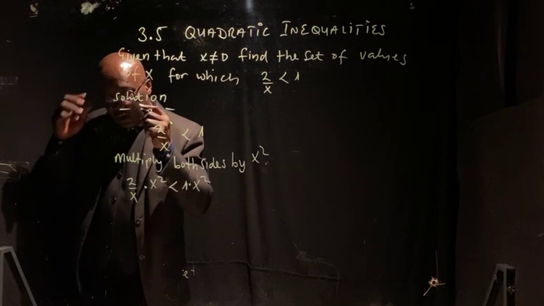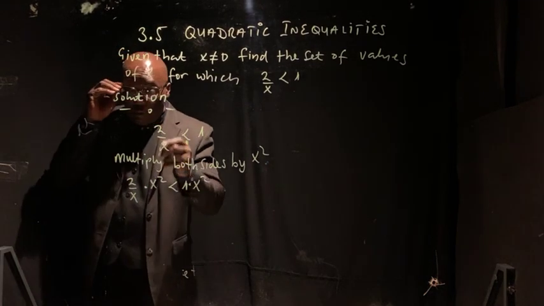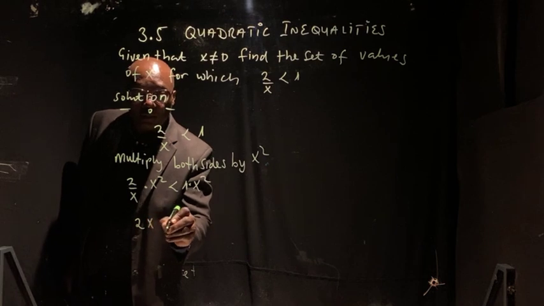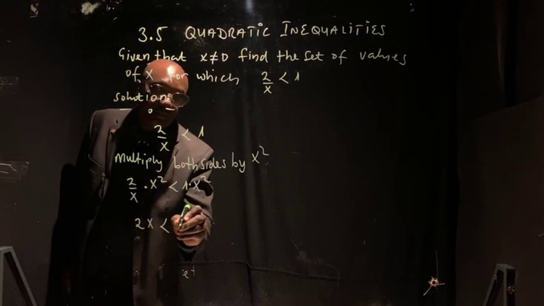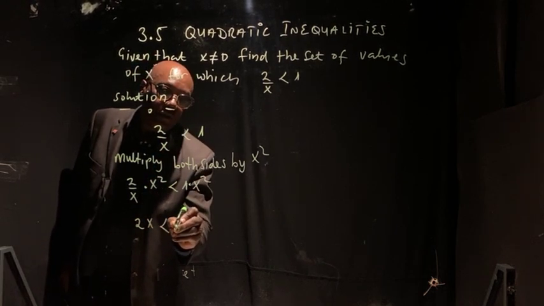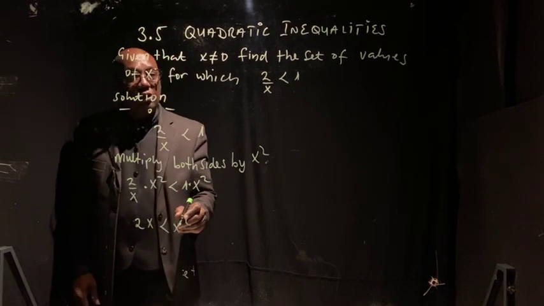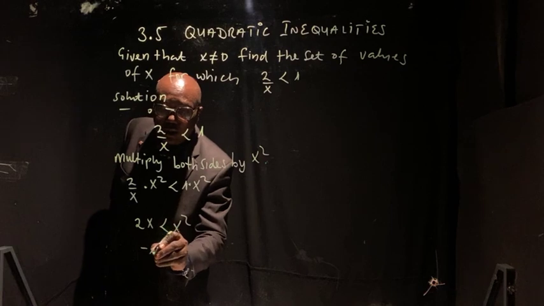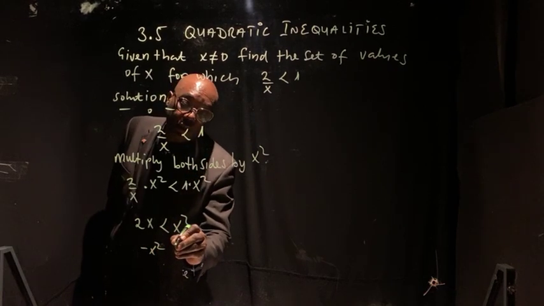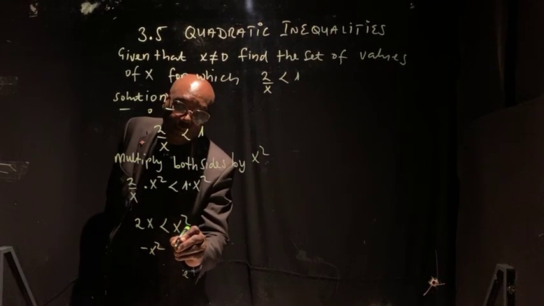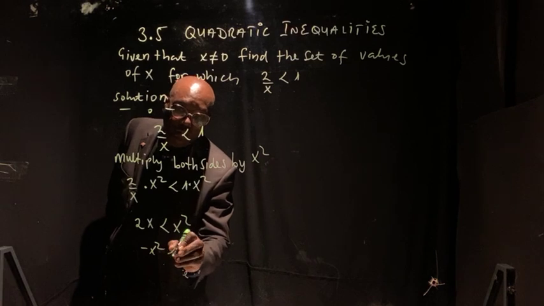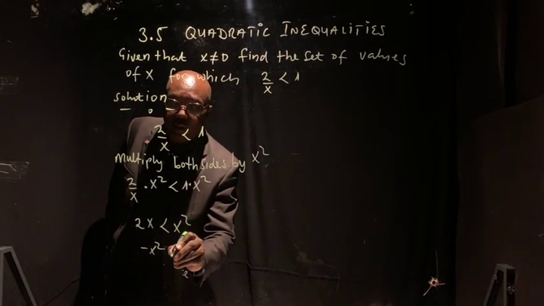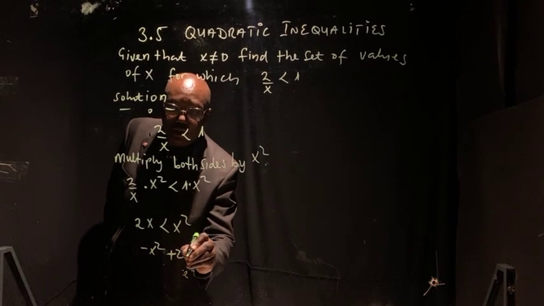So we will have 2x is less than x squared, which is the same as 2x minus x squared is less than 0, that is, minus x squared plus 2x is less than 0.